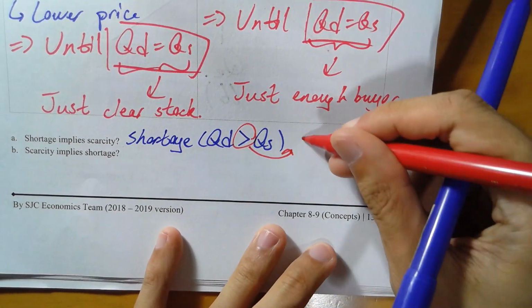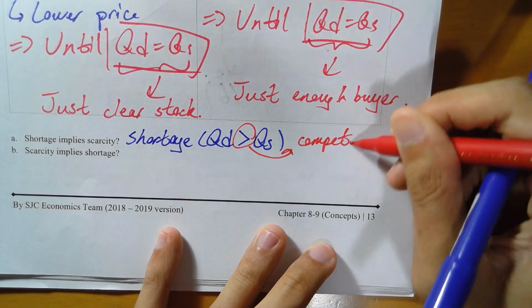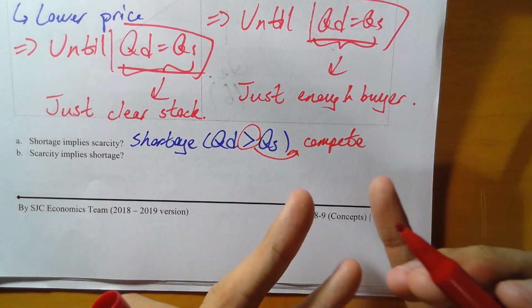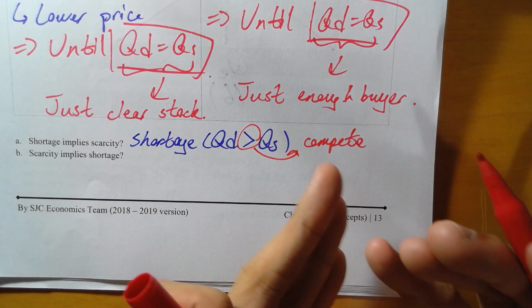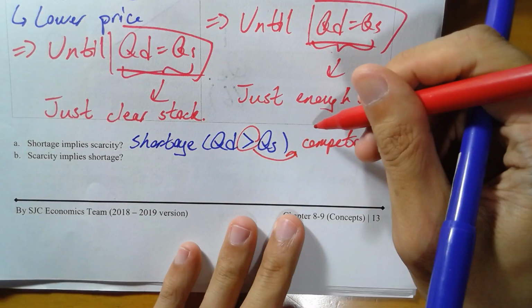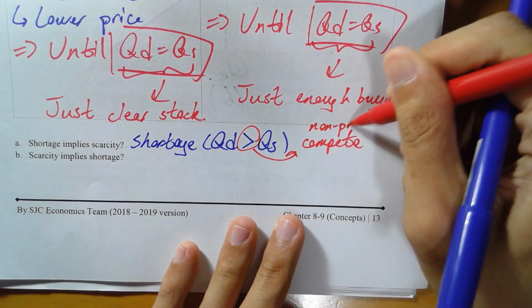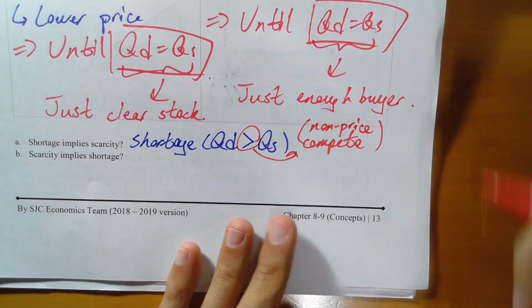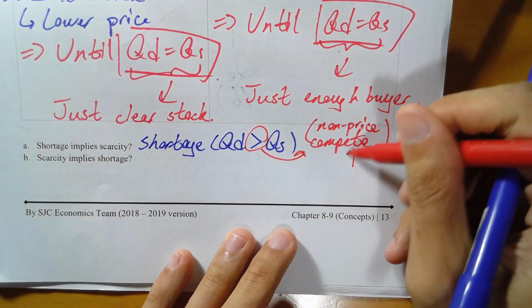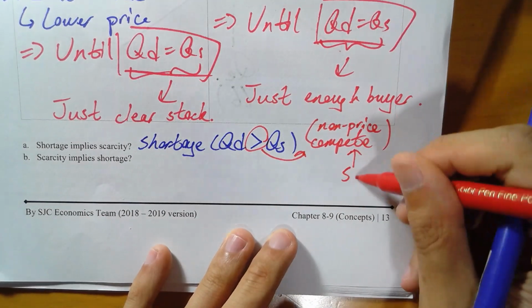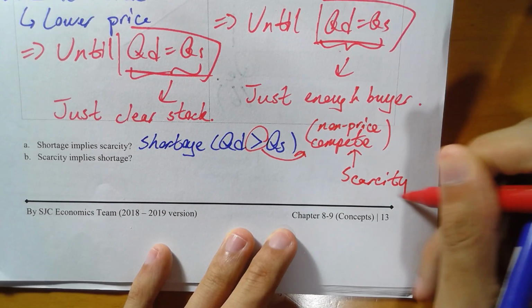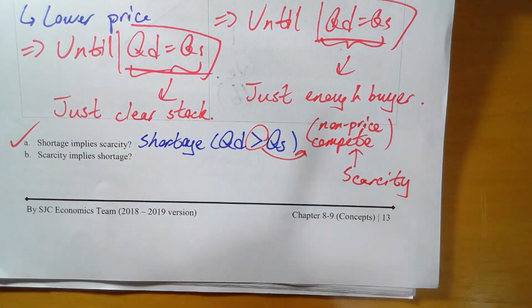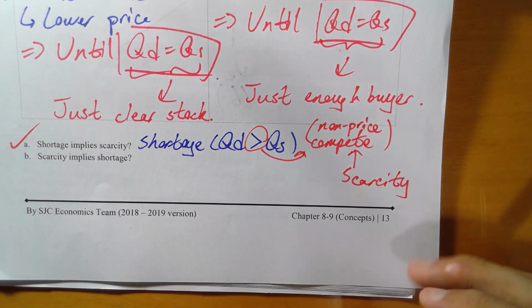People would need to compete. Maybe price competition or non-price competition. Most likely non-price. 打交咯，係咪啊？Non-price. When you see competition, what does that mean? It means scarcity. Alright? So, yes, the first one is correct.